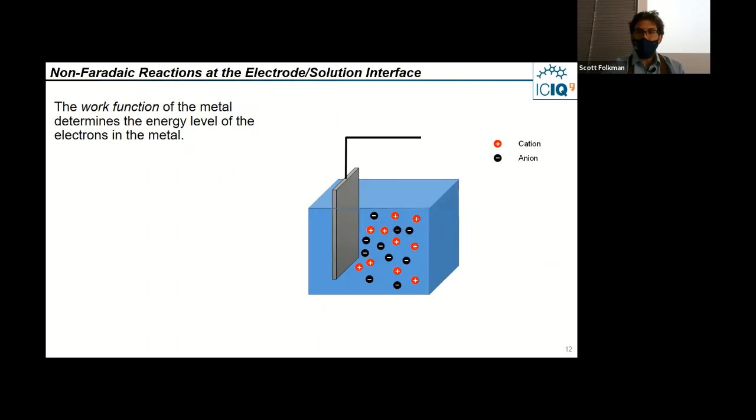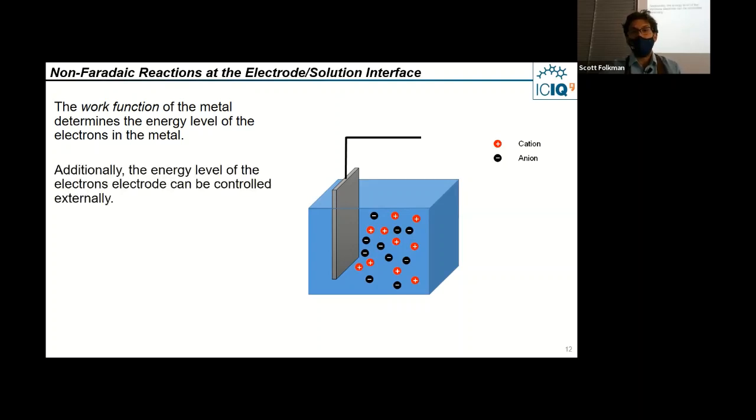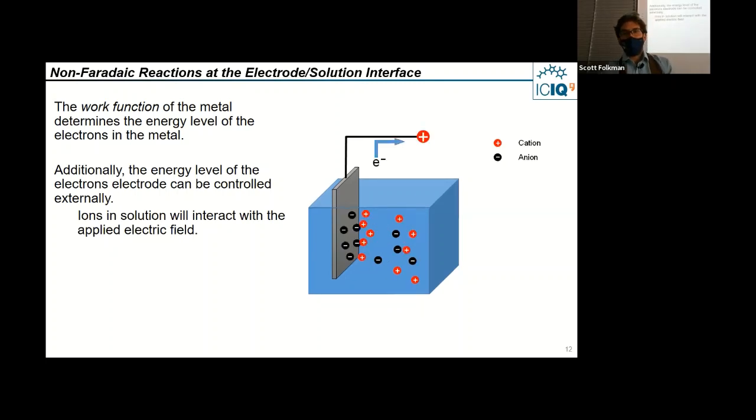Now, last time I also mentioned we have this non-Faradaic reaction wherein ions from the solution interact with the electrode that we've placed in solution. Again, we can control the potential externally. And when we, for example, polarize in a positive direction, anions, negatively charged species from the solution, will migrate towards the electrode in response to the electric field.